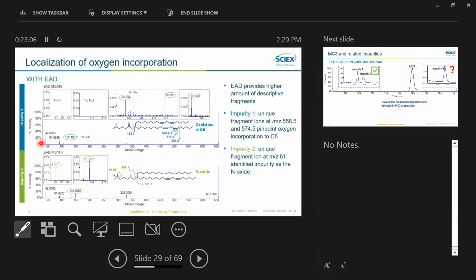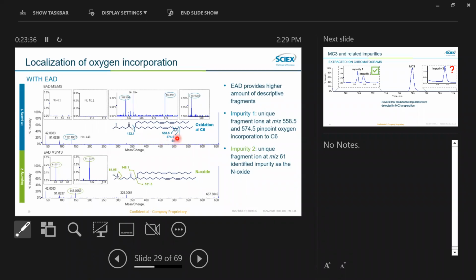So if we start with impurity 1 here on top, this 132 fragment ion was common to the main peak MC3. And so that indicated that oxygen incorporation was not within the head group here. But when we looked at some of the fragment ions at the higher mass range, we did see some differences. And right here, these fragment ions are listed here at 558, 557, and 587.